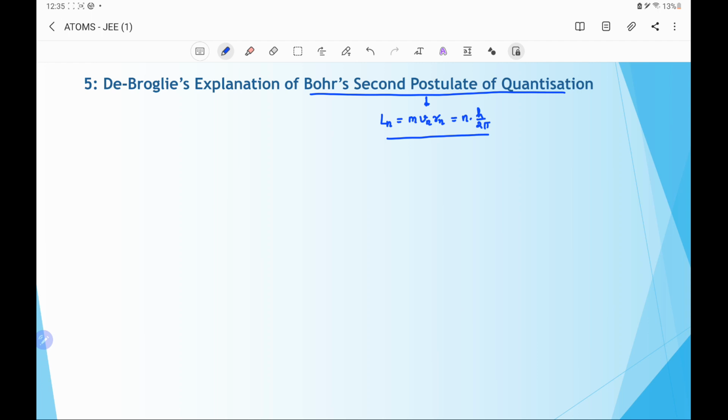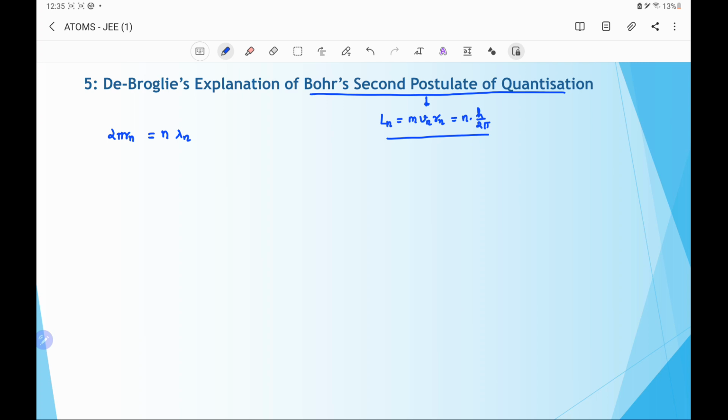If electron is moving in a circular orbit, then in one revolution it covers the distance 2 pi Rn, where Rn is the radius of the nth orbit. And this distance covered by the electron is the integral multiple of the wavelength of the electron in nth orbit.